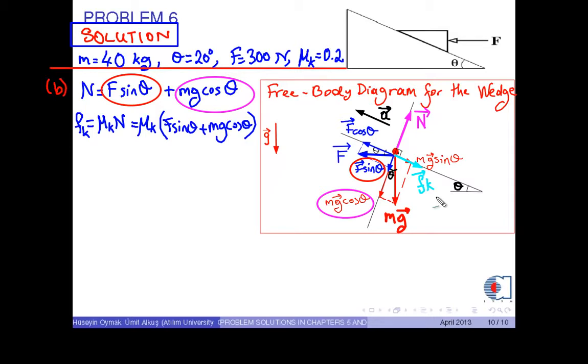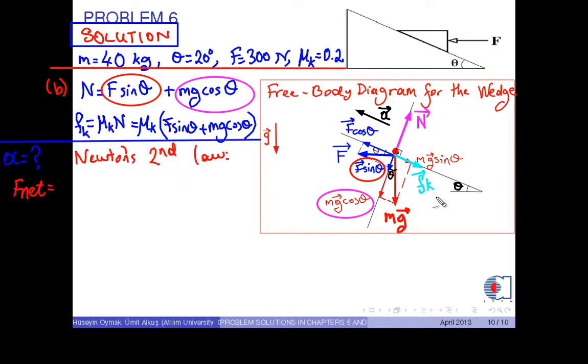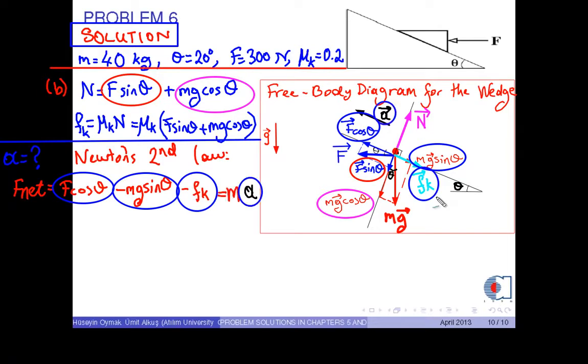To find acceleration a, we solve Newton's second law, which is written here as F net equals F times cosine theta minus m times g times sine theta minus Fk, which is equal to m times a.